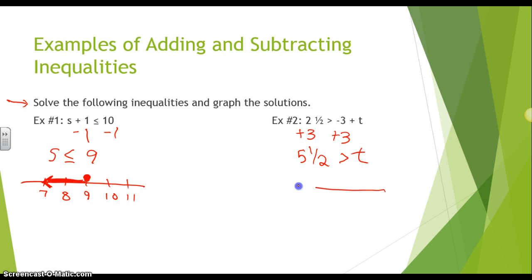Again, we have my number line: 3, 4, 5, 6. 5.5 is right here. You can label it 5.5 if you'd like. Notice this is greater than, so it's going to be an open circle at 5.5. 5.5 is greater than t, which means t is less than 5.5, so I'm going to shade to the left here.